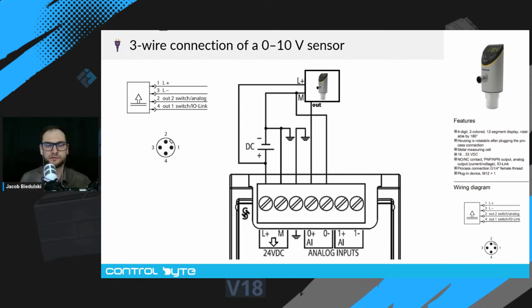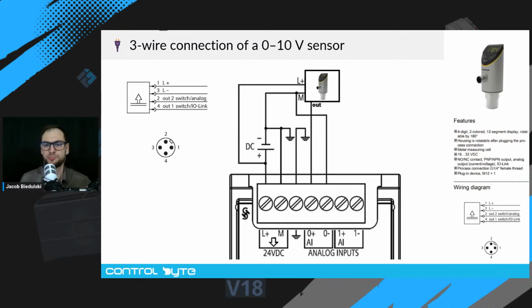Let's start with the three-wire connection of a 0 to 10 volt sensor. Here on the right, you can see a sample sensor. This is the pressure sensor that we have selected from the TARC catalog.